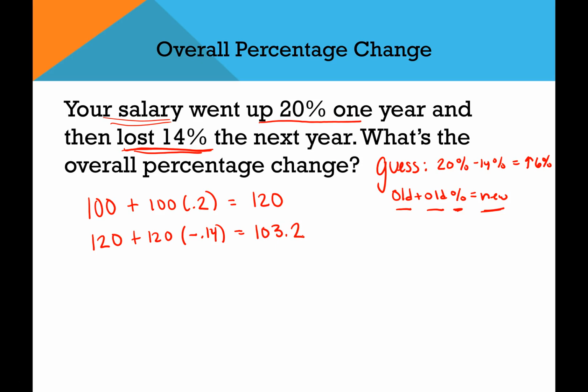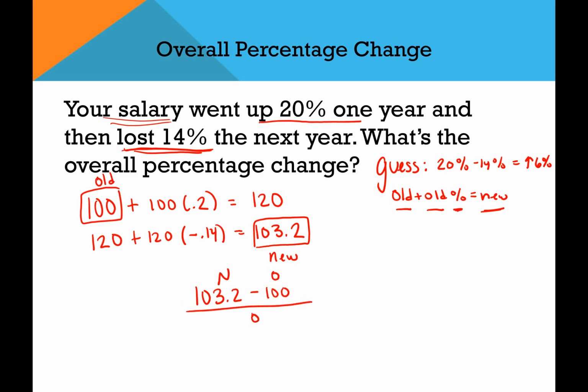103.2. So how much has that gone up? Well, I have to take this 103.2 and my original value, and I have to do new minus old over old. Well, this is my new salary, and this is my old salary. So this is going to be 103.2, my new, minus my old of 100, all divided by old. So that's going to clearly give me 3.2 in my numerator.